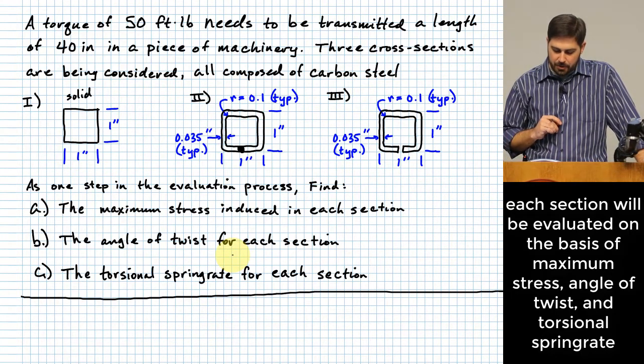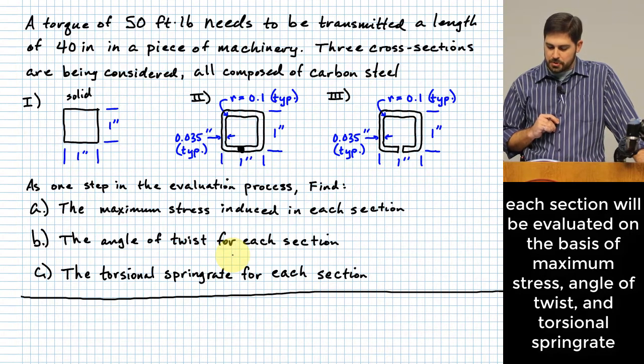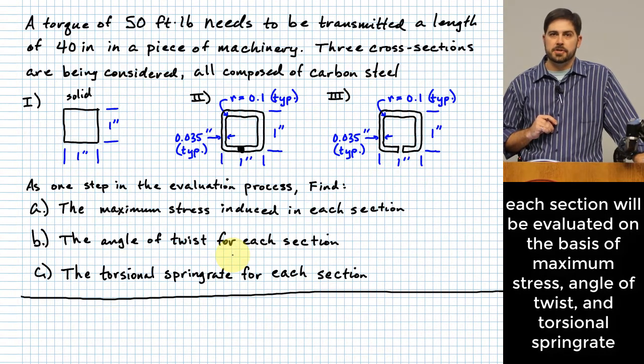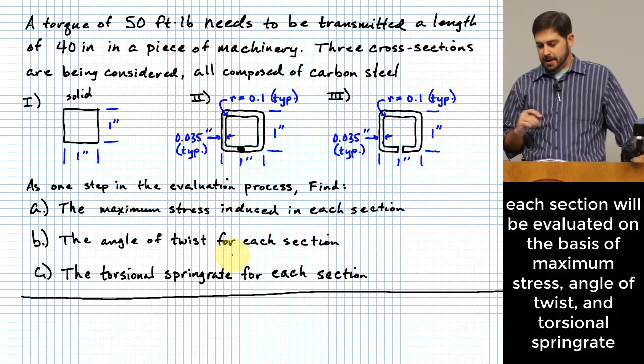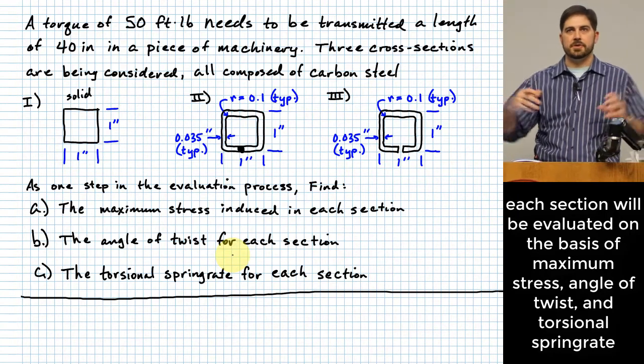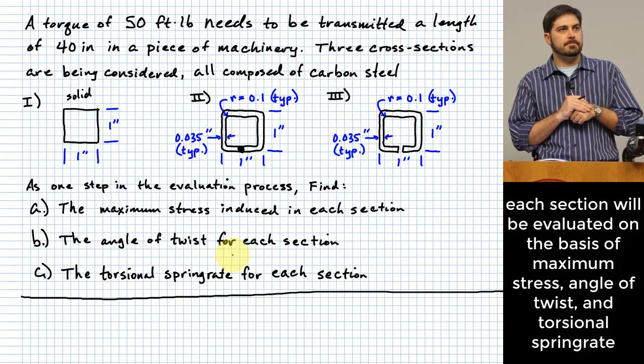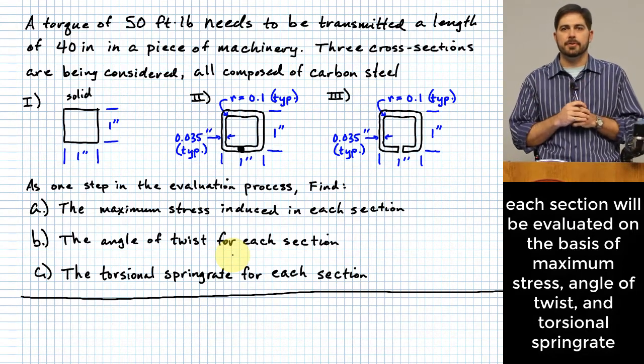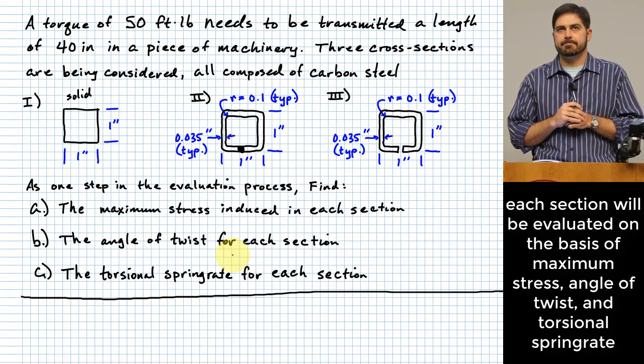And lastly, we're going to figure out what the effective torsional spring rate is for each cross-section. That's how much torque it takes to twist it a certain amount of angle. The torque over the angle gives you your spring rate.